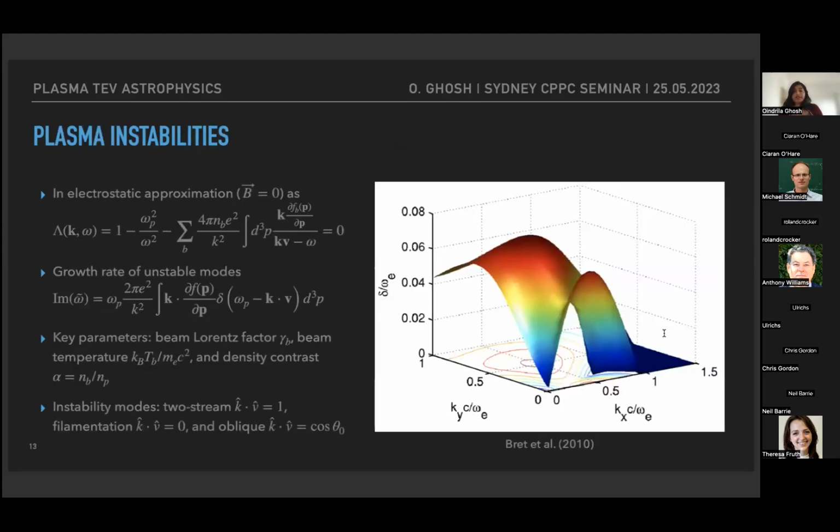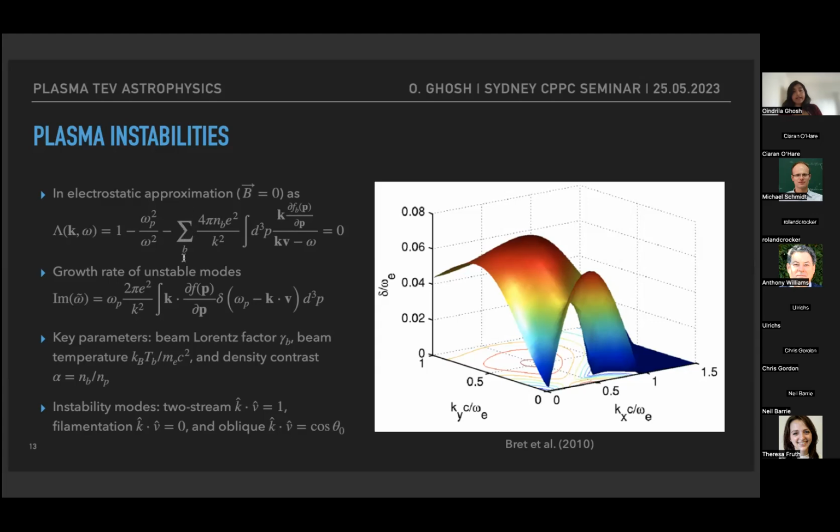So in order to understand how strong or weak these instabilities are, we need to look at their growth rates. So we can solve the dispersion relation. And as a first step, one can consider an electrostatic approximation, meaning we set the background magnetic field to 0, and we solve the dispersion relation for these electron-positron pair beams.